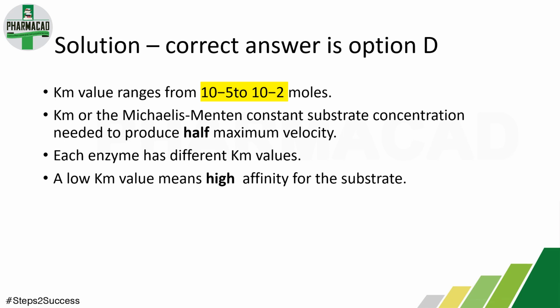The Michaelis-Menten constant Km is defined as the concentration of a substrate that is transported at half of the maximum velocity of a transport. So basically कितना concentration substrate का transport हुआ है at half maximum velocity, ये हमें Michaelis-Menten constant बताता है.